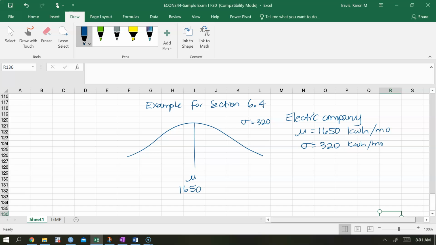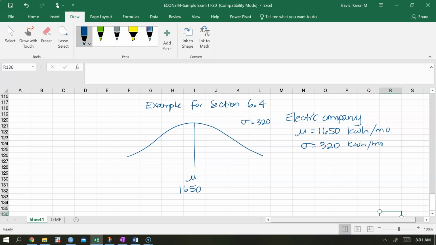And because they're working on something like sustainability, they're trying to identify the people that are using the most energy and contact them about maybe there's some old appliance or something really drawing a lot of power.